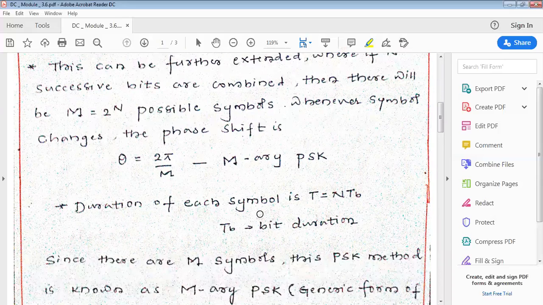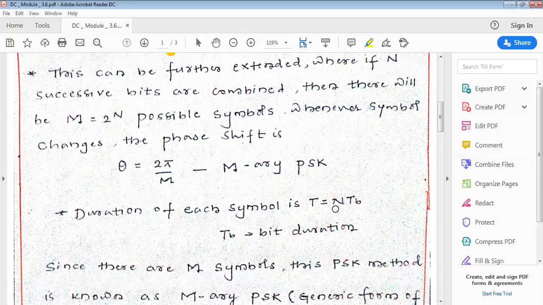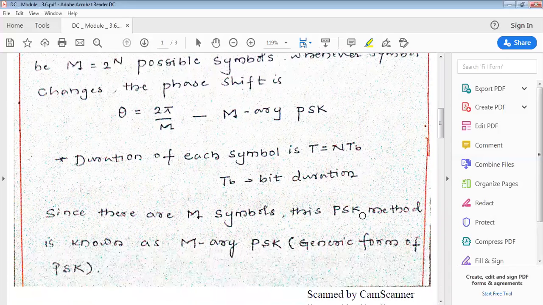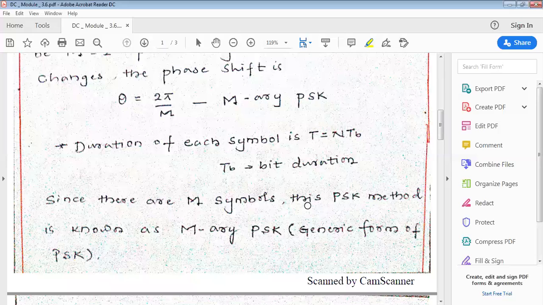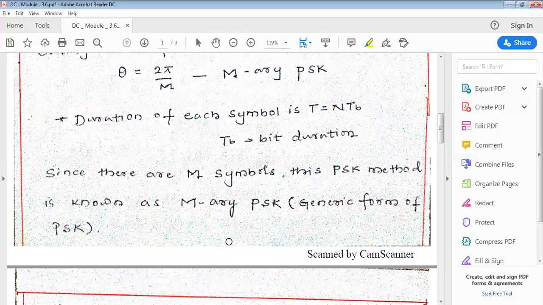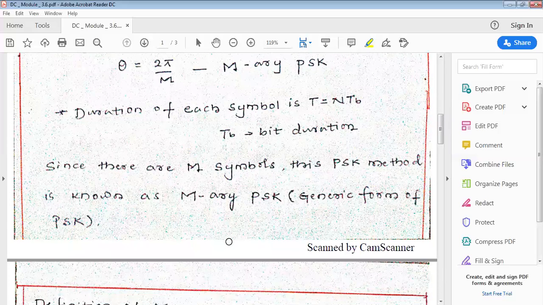The duration of each symbol will be T equal to n times Tb, where n is the number of bits you are transmitting and Tb is the duration of each bit, right? Since there are M symbols, this PSK method is known as M-ary PSK, and it is also known as the generic or general form of PSK.